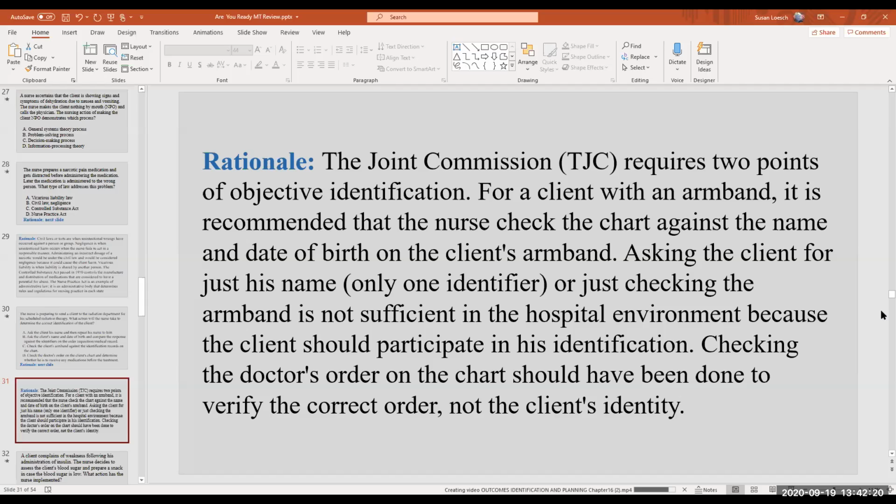So in this case, our clients are required to have a photo ID. So there's photo IDs there in the unit. We also have picture IDs on what we call a photo board and on the medication administration records themselves. Staff is also supposed to be with the client to identify the client.